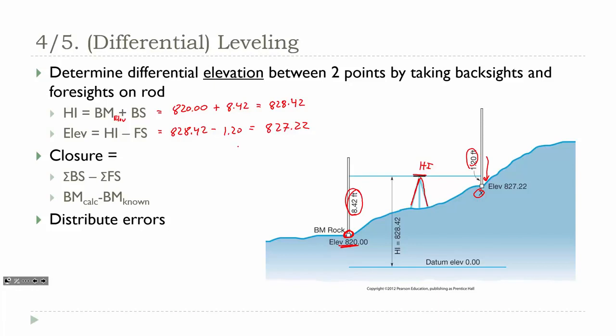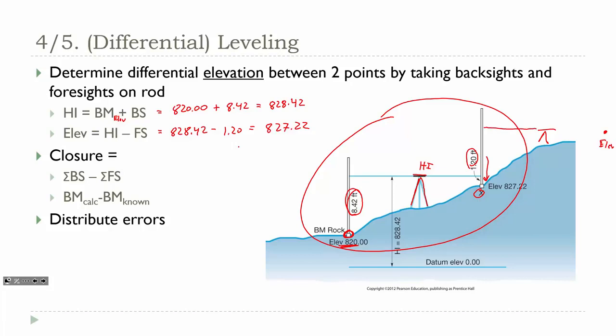Closure is the amount of error that you have in your survey. And so this would be this type of data collection shown here. This is just one measurement. If you had another point up here that was the ultimate place you're trying to find an elevation to, you would then have another instrument set up.